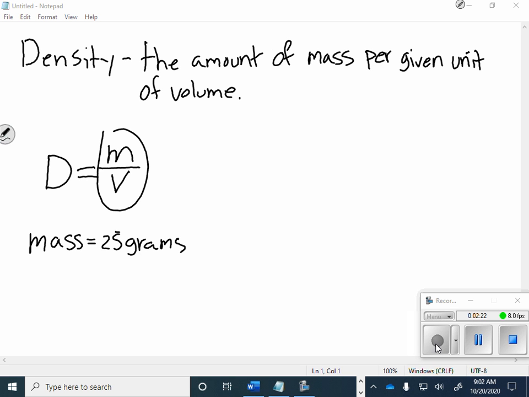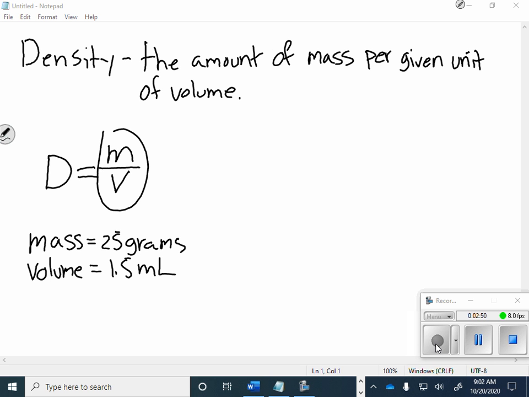So we started at 37, it went up to 38.5. That increase is the volume of the magnet. So it increased by 1.5 milliliters. So my volume of the magnet is 1.5 milliliters.